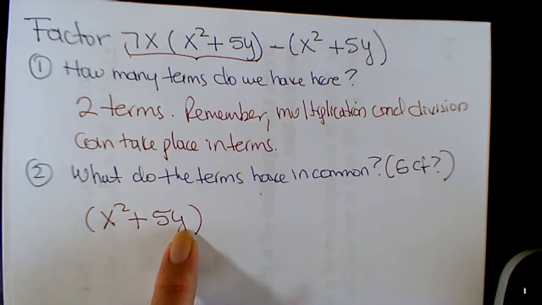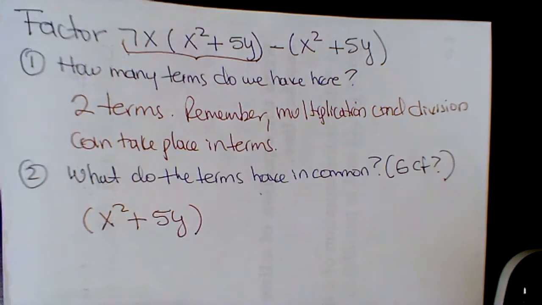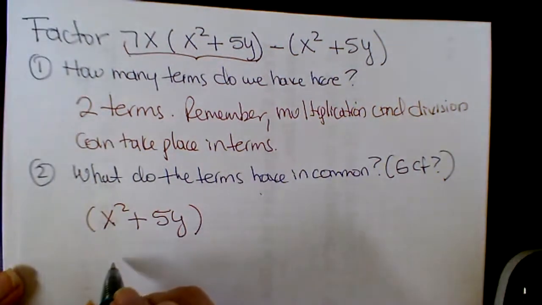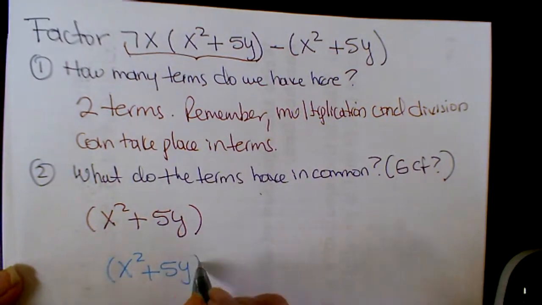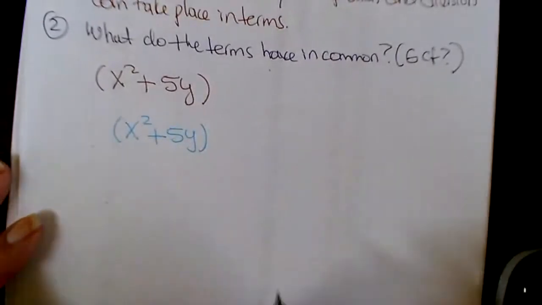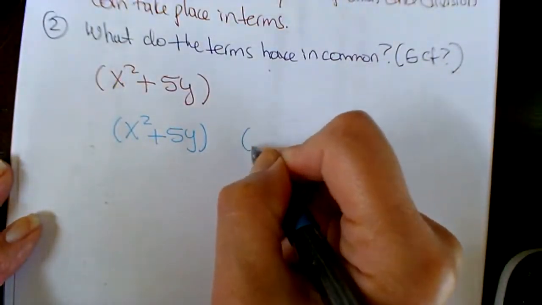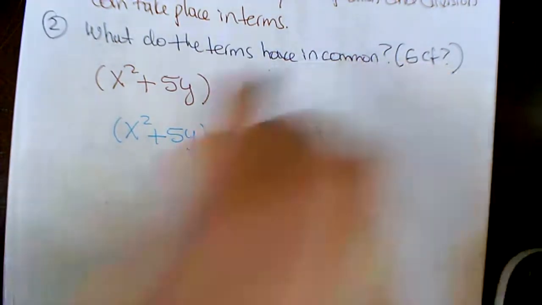Okay? So then if I take the GCF, let me write it down again. So I have plus 5y, hold on.